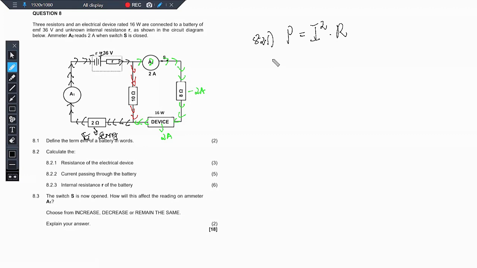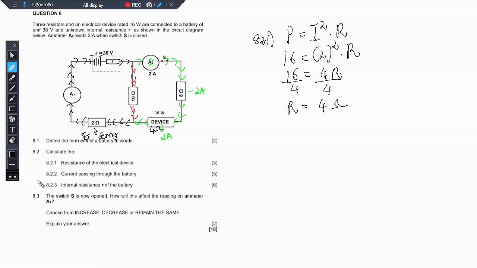It's pretty easy to choose the formula. Then 16 equals 2 squared times R, so 16 is equal to 4R. If we divide by 4 both sides, then the resistance of the device is 4 ohms, right? So now we have 4 ohms here.